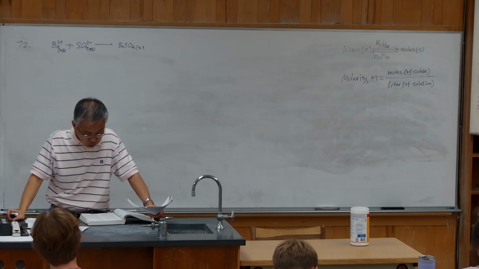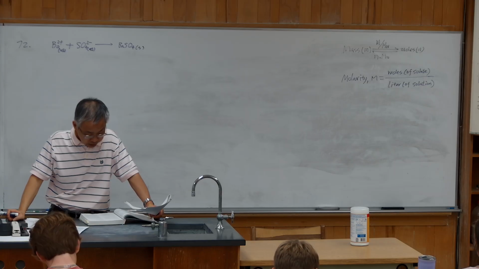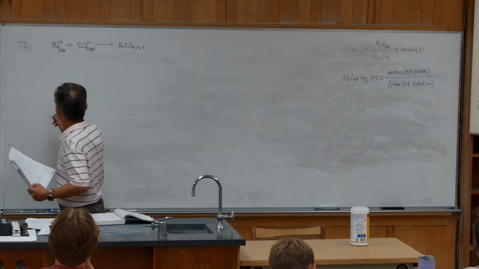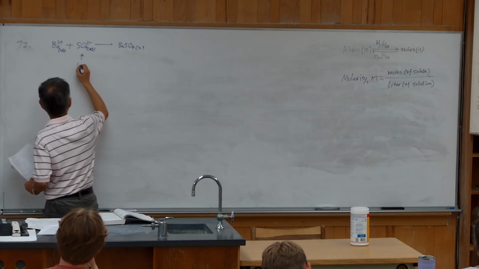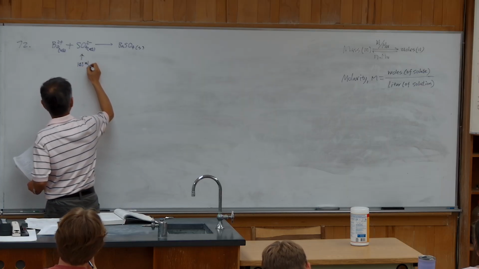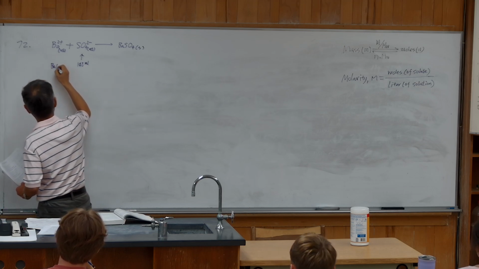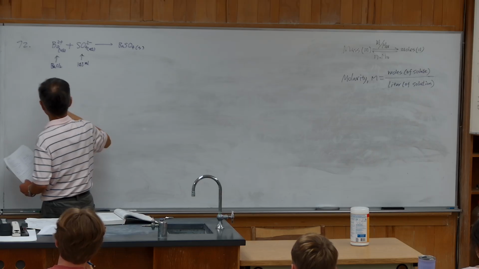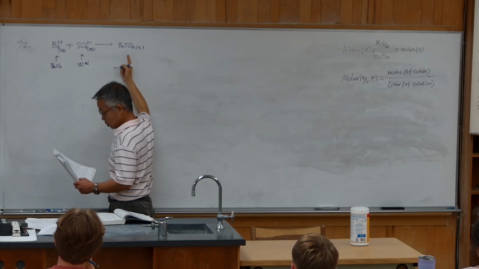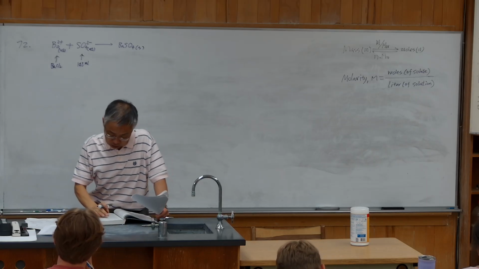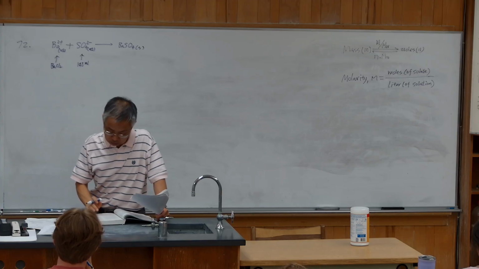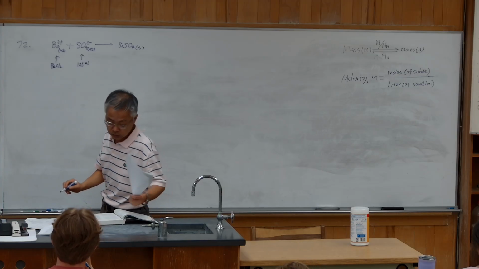Treating a 145 milliliter sample of water with excess barium chloride. This water sample contains sulfate. We use this barium chloride to provide barium ion, form this precipitate, collect and dry, and the mass is 0.330 gram.